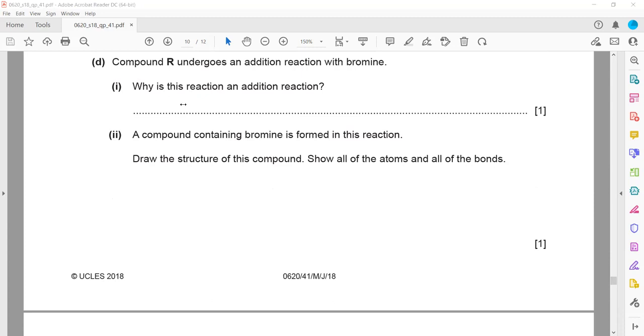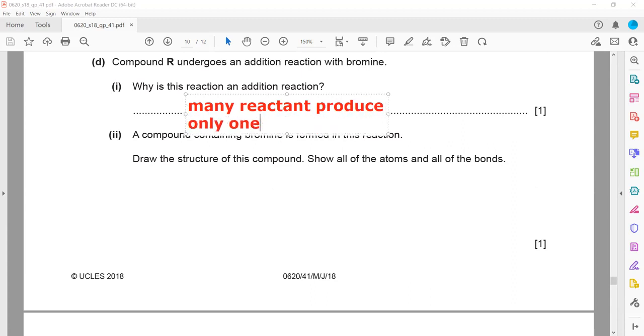So an addition reaction means we have many reactants producing only one product. So that is known as an addition reaction.